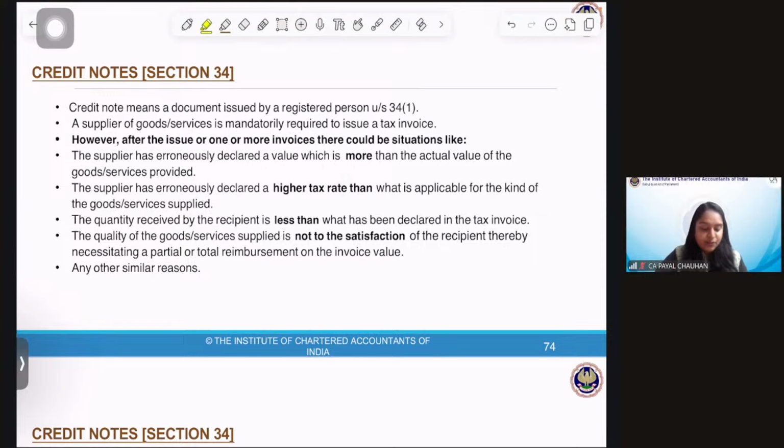Kuldeep, I'm waiting for the question. In case of supply of less than 200 rupees, there is no need to issue an invoice, then why does a ticket need GSTN? Beta, it is written there.